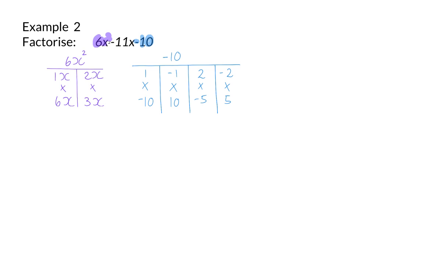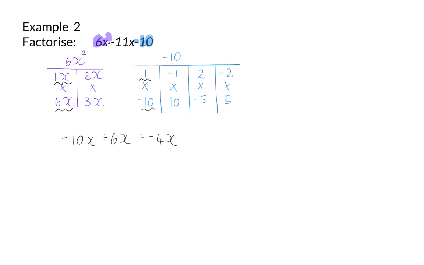And now, patiently, we need to find the correct pair of products. For example, we can say 1x times minus 10 to get minus 10x, and the other pair of products will then be 6x times 1, which means we'll add 6x to end up with minus 4x.